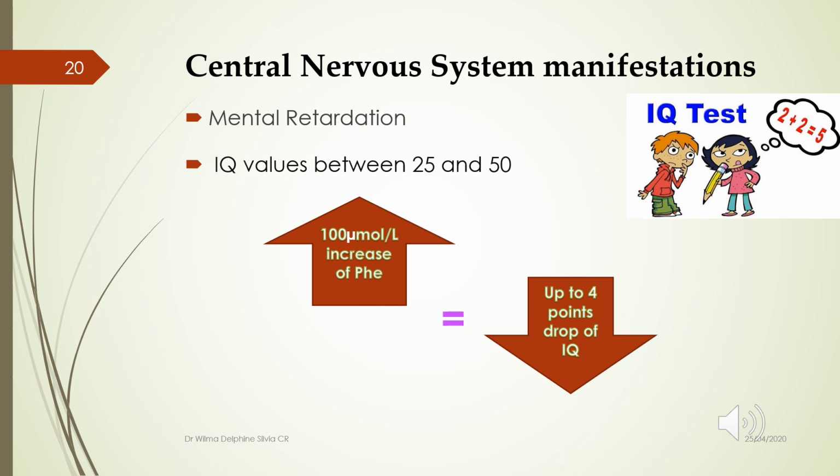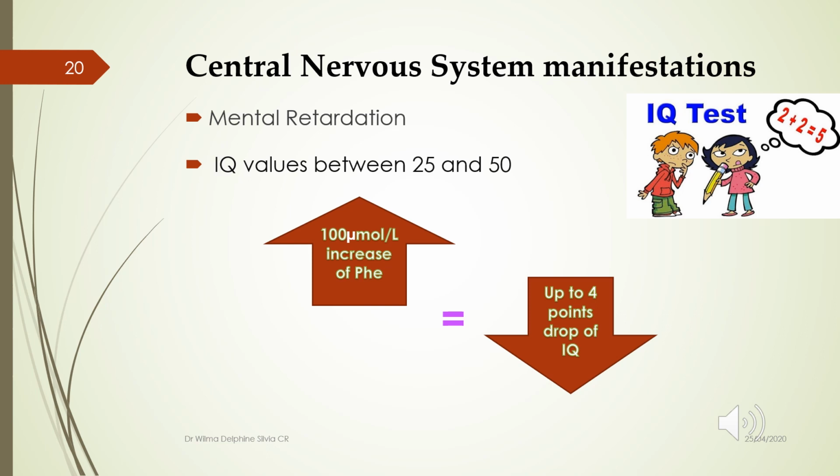The most important clinical presentation is mental retardation. The child develops mental retardation with IQ values typically between 25 and 50. The patient with untreated phenylketonuria typically shows symptoms of intellectual disability by the age of 1 year and rarely achieves an intelligence quotient greater than 50.